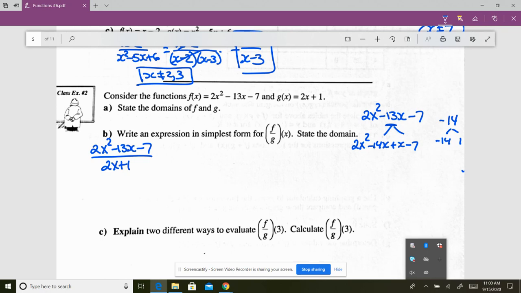You can use the box method if you remember how to do that. I don't care. I think Ms. Pushka teaches a slightly different way as well. I don't care which way you do. Bracket the first two. What's a common factor of those? 2x.